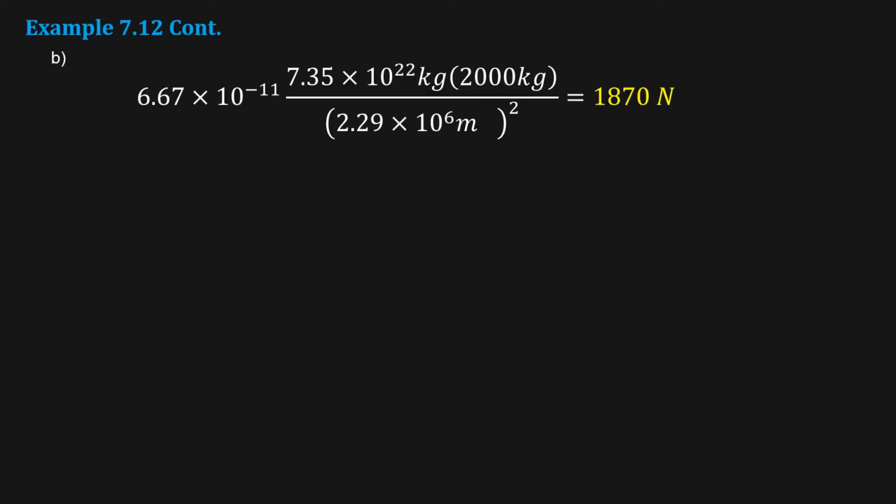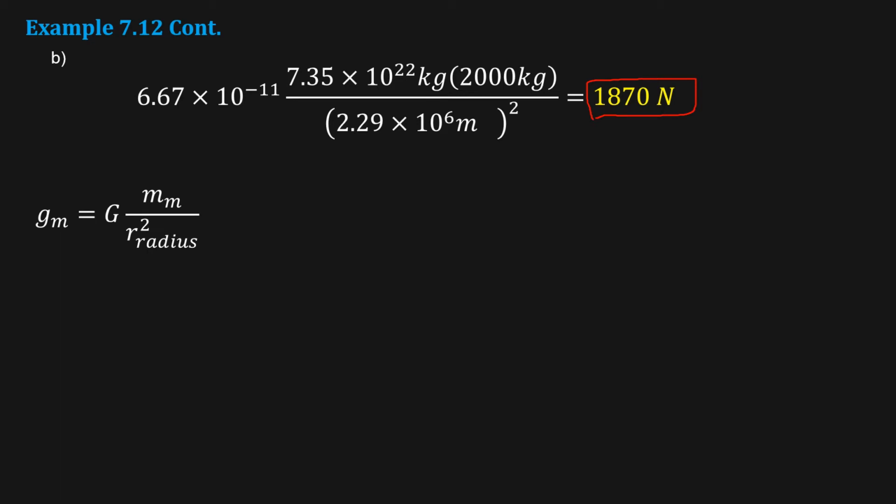So let's continue with B. B was to find the force of gravity between the moon and the satellite. And then we have the R, the distance between the center of the moon and the center of the satellite, 2.29 times 10 to the 6 meters, and we get a force of 1,870 newtons.